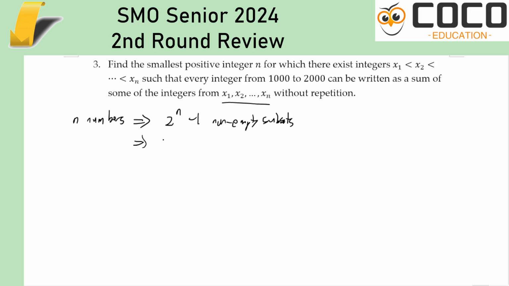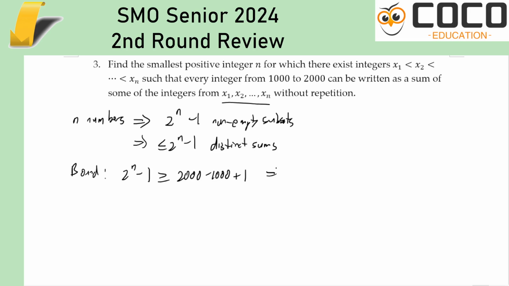And so it means that you have at most 2 to the n minus 1 distinct sums. You will have 2 to the n minus 1 things to add up, but they may not be distinct. And so that means that your initial bound would be that 2 to the n minus 1 needs to be at least your 1001 possibilities. So n is at least 10.